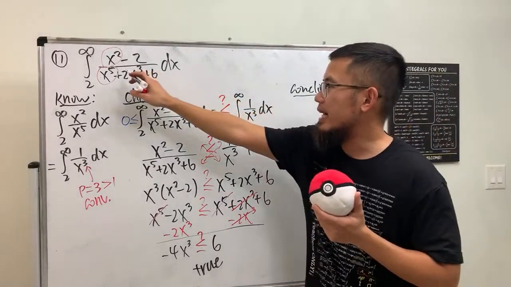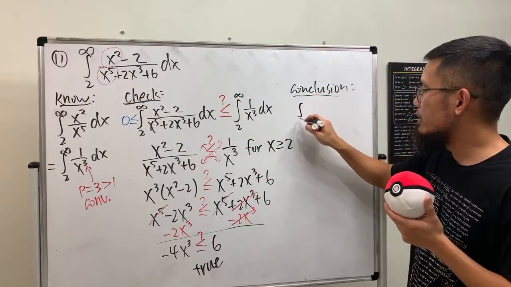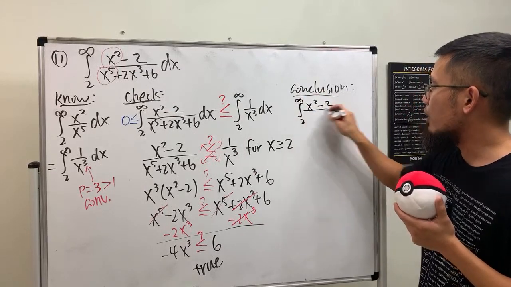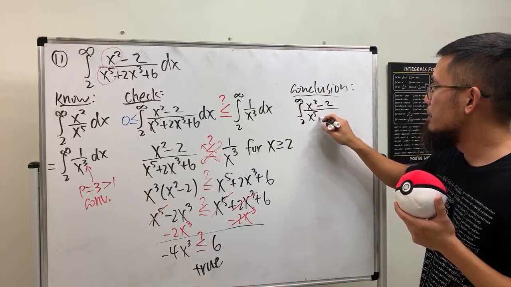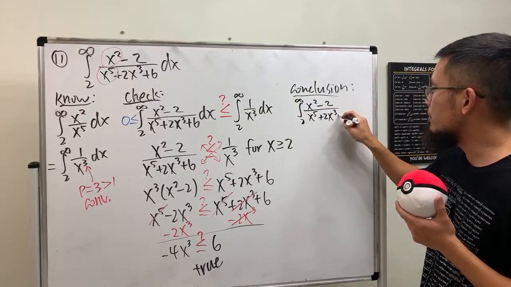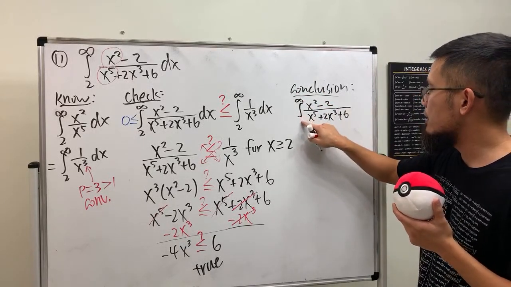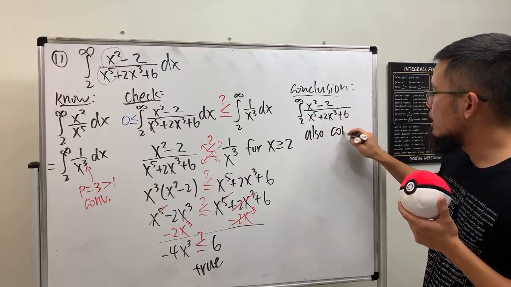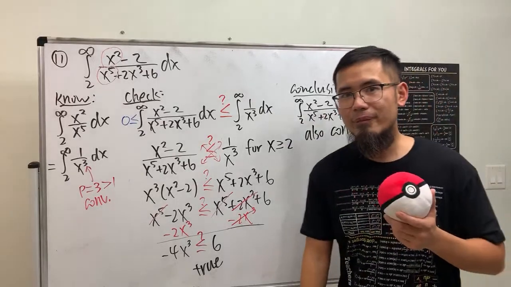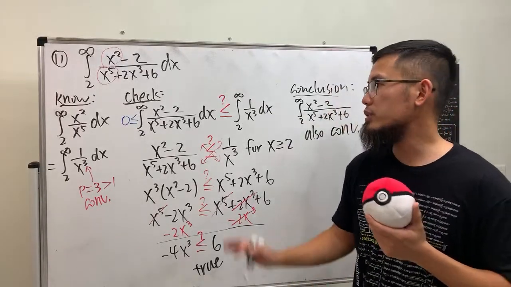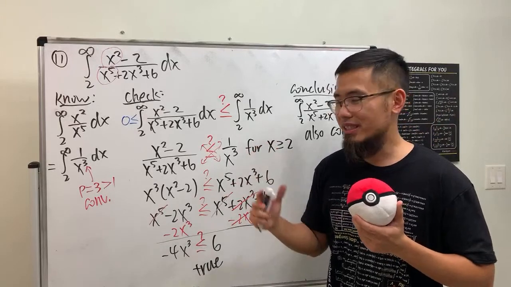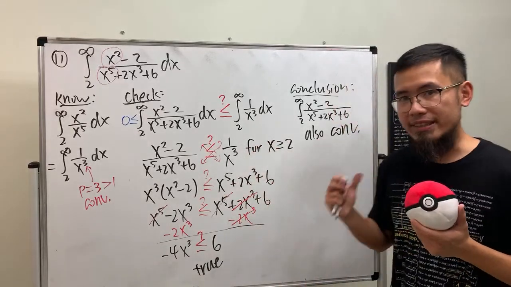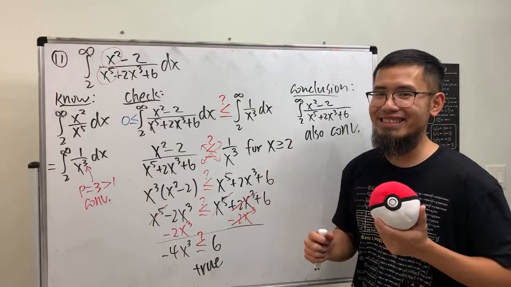The conclusion is that the integral that we are doing, integral from 2 to infinity, x squared minus 2 over x to the 5 plus 2x to the third power plus 6, this right here also converges. And if you guys have seen my videos on the improper integrals, comparison theorem, and things like that, I like to tell you guys, also, it's a nice word when you are doing these kind of things.